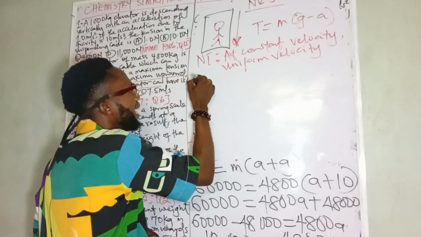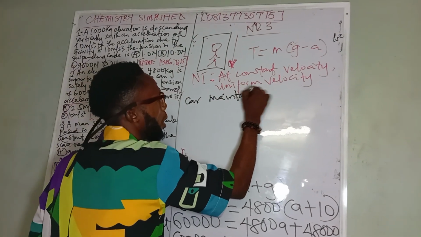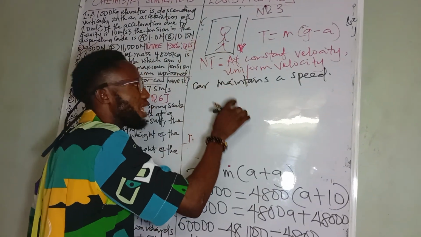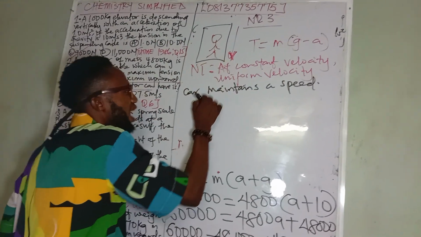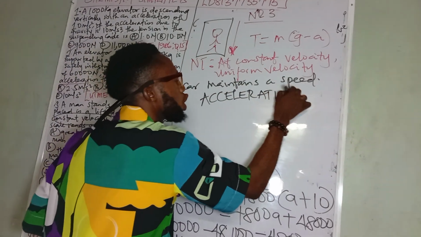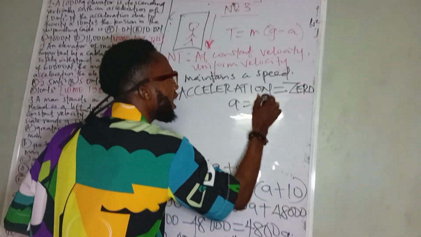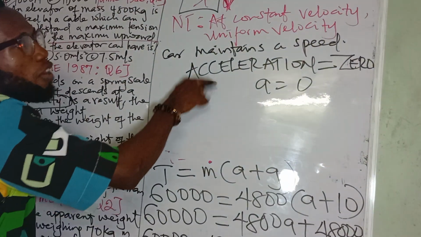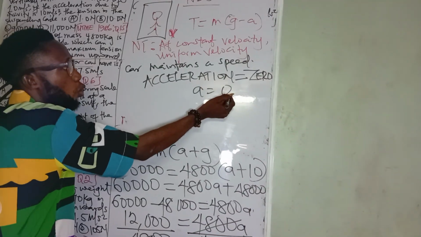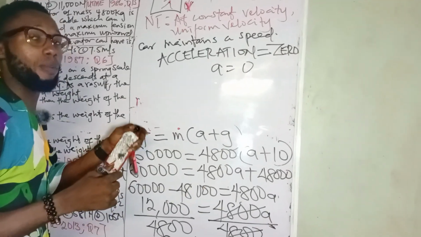For instance, say the car or the body maintains a speed. If it maintains a speed, it's still the same thing. So what we have to take note here is that your acceleration will be equal to 0. So your A is 0. Take note of it. If you have this at constant velocity, your acceleration is equal to 0. Don't forget. So where is the lift going to?